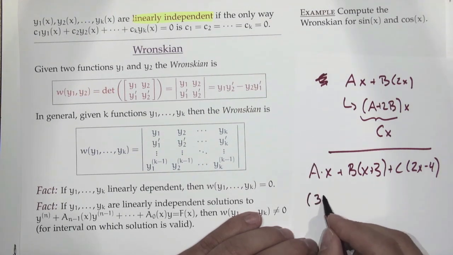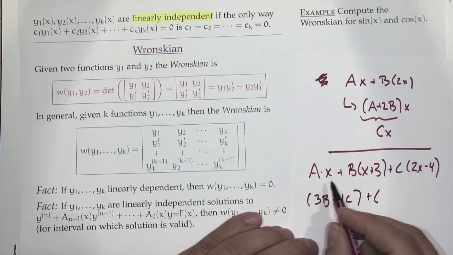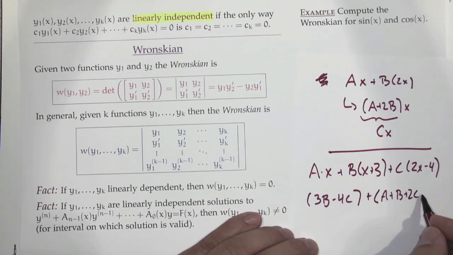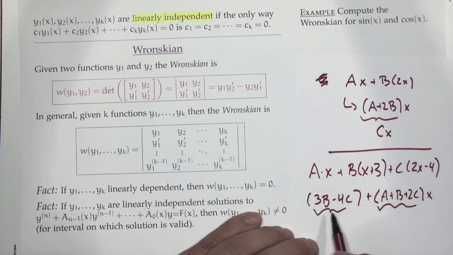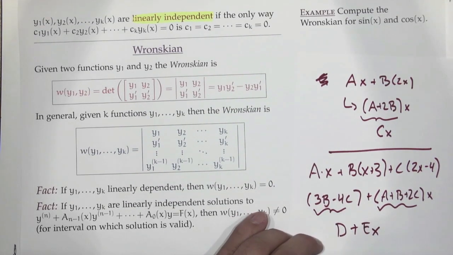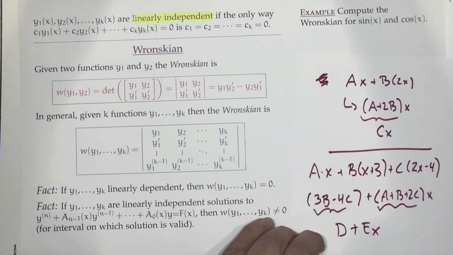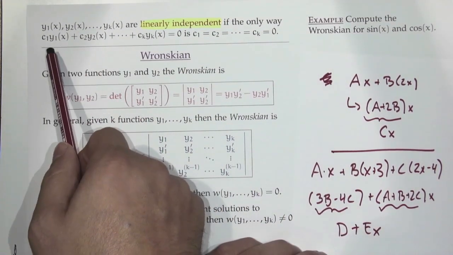So the constant would be 3b minus 4c, plus, grabbing the stuff with x, (a plus b plus 2c) times x. And then we say, look, really, I don't have 3 constants. These collapse. I have 2 constants. So what we'd like to do is make sure I don't have redundancies. That's what we're after. And that's what this is getting into when it says linearly independent.